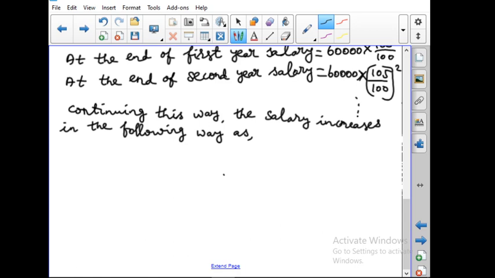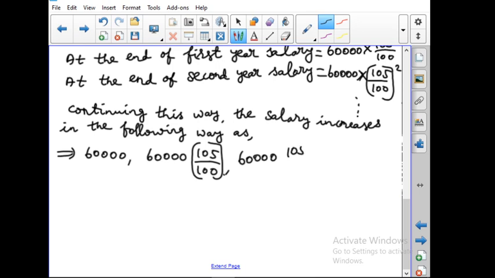The first year salary is 60,000 into 105 by 100. The end of the second year salary is 60,000 into 105 by 100 whole square, and so on.